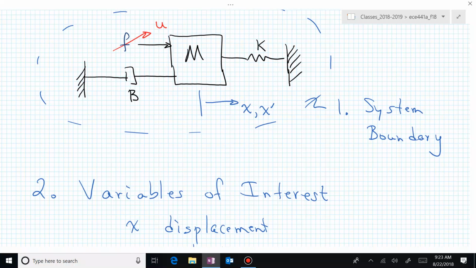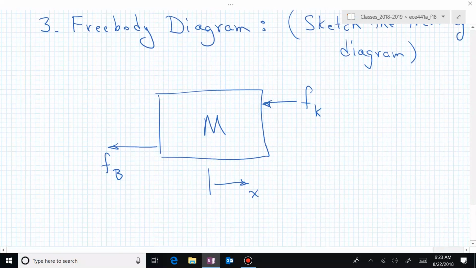You'll have to get over that in this control context. Sometimes the input might be a step, but in general it's just U of t. So if that's a U, then I can put that in here for U. Am I done with my free body diagram?